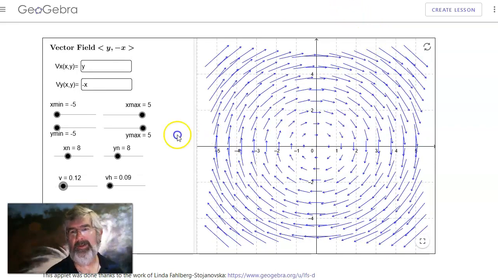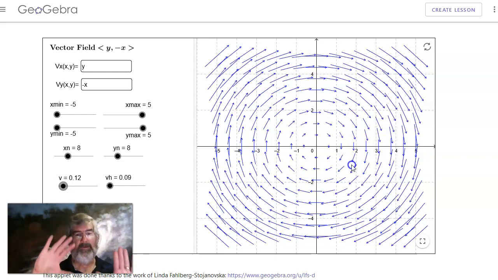Oh, this one's a fun one. This is just the point xy being assigned the vector y, negative x. And it looks like you've got a bunch of circular motion here. Again, this one I don't see so much as acceleration, but as velocity.